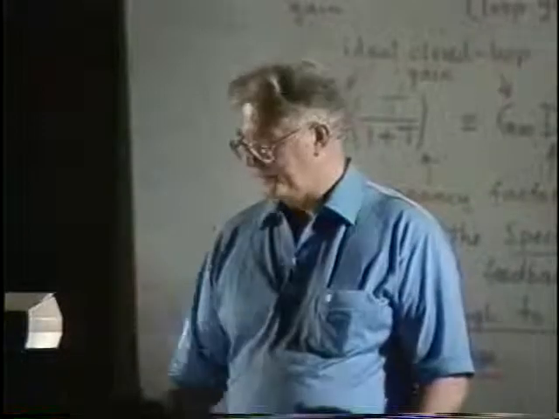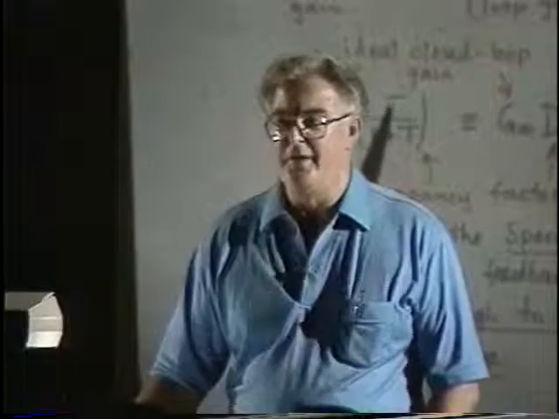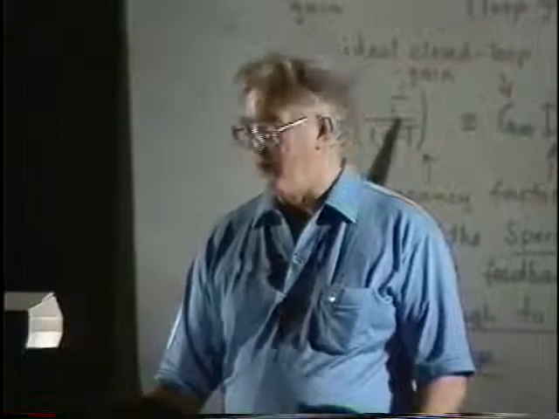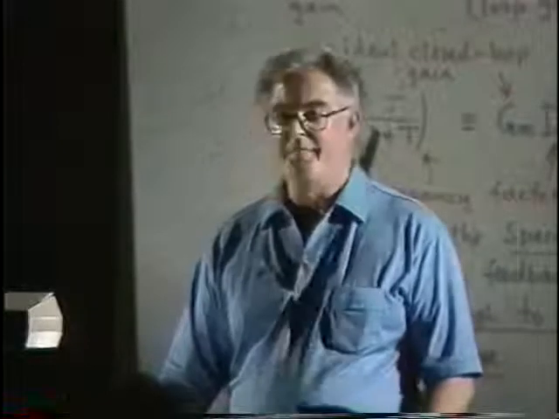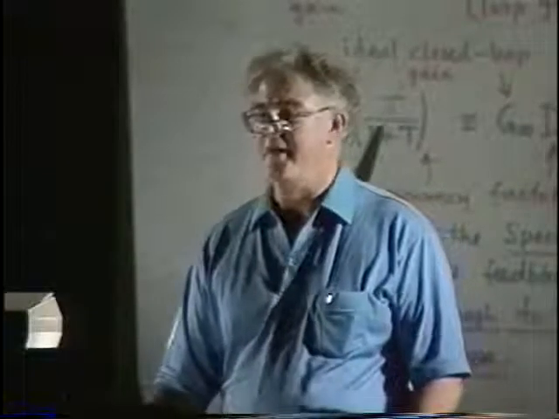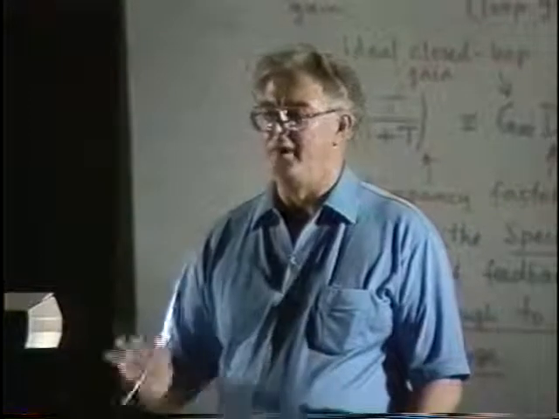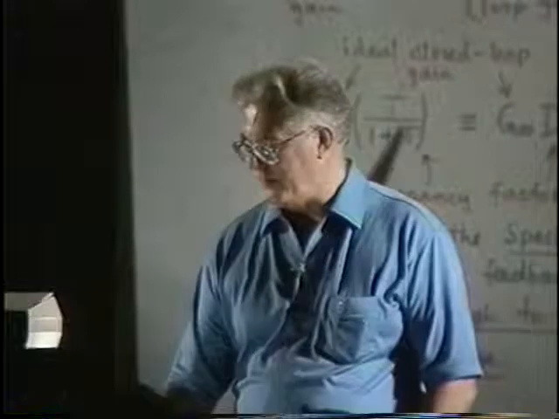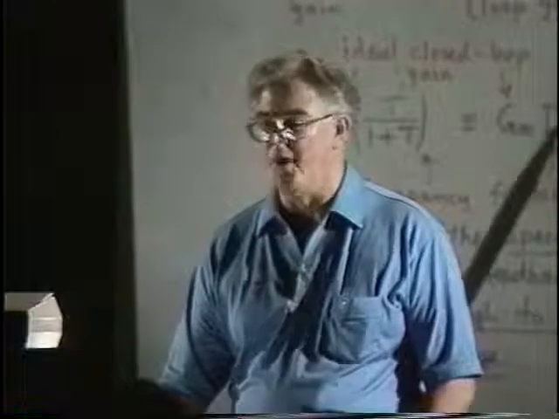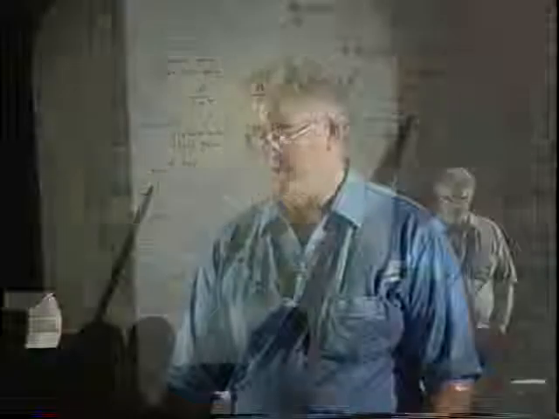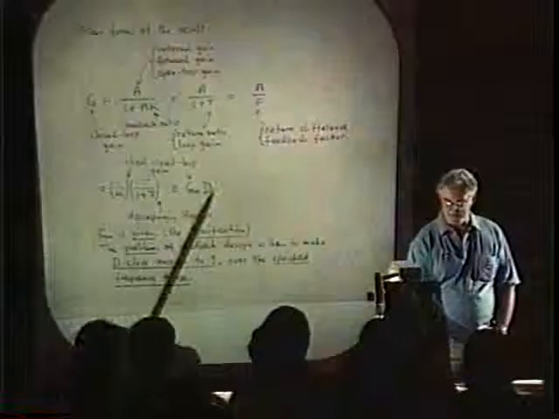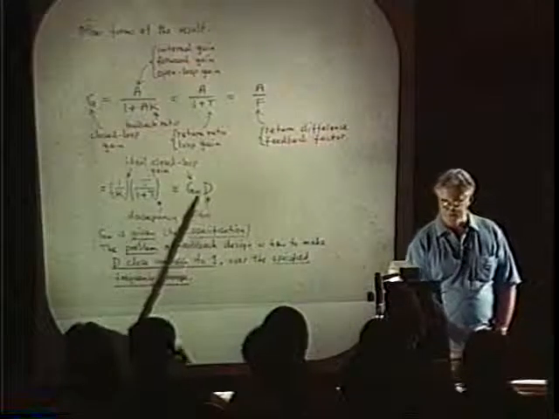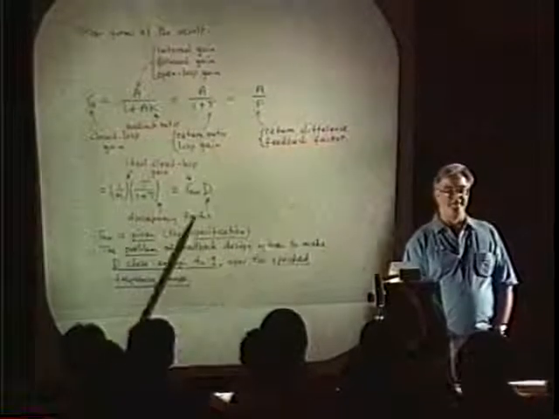What's left? T is not really going to be infinite. All you have to do is design your feedback loop so that T is large enough. Well, large enough for what? Large enough so that T over 1 plus T is close enough to 1, and since that's an important parameter, I've given it a special symbol, the discrepancy factor, for obvious reasons.